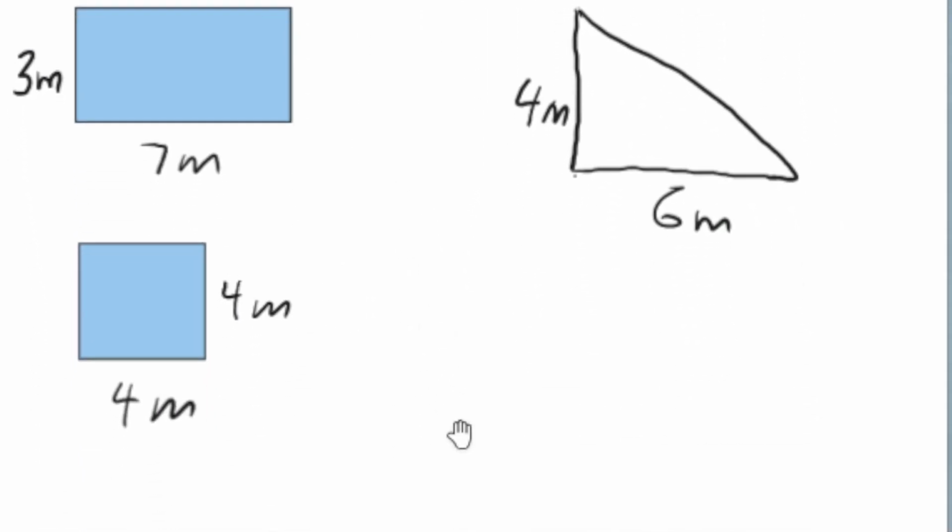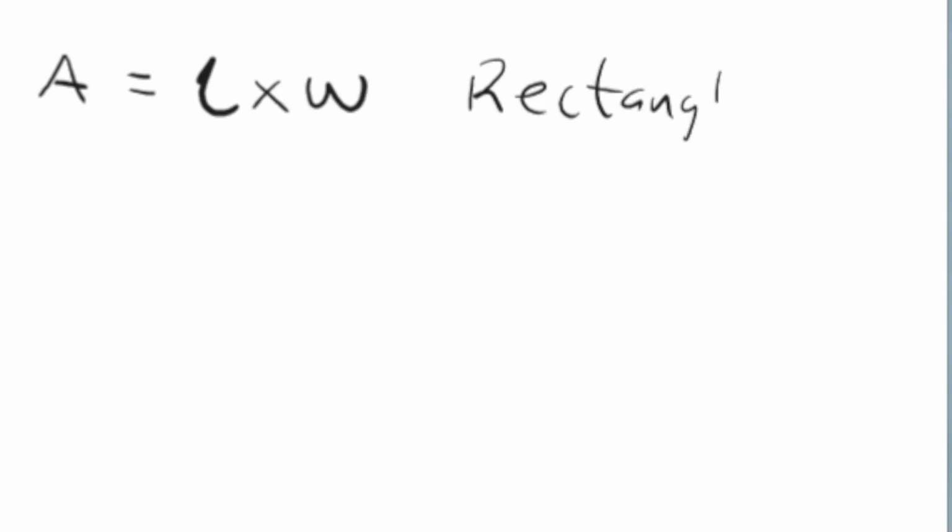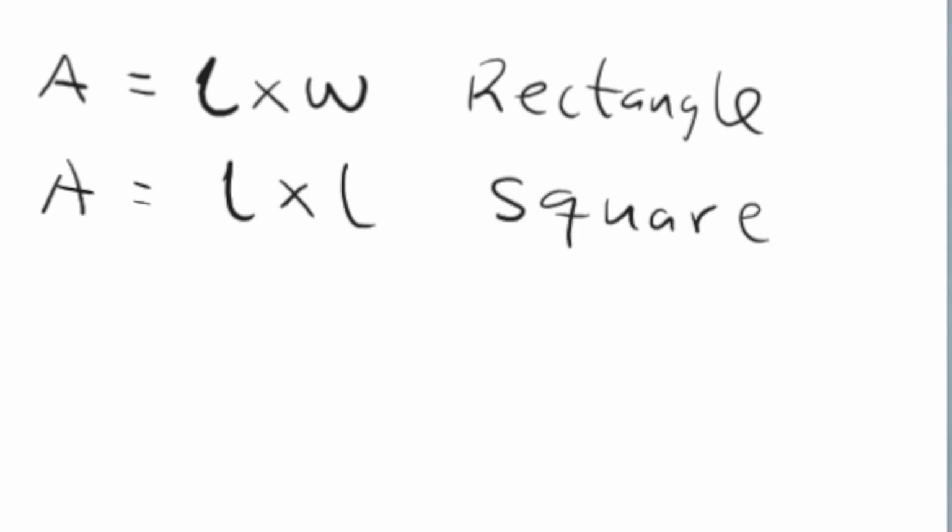Okay, so I want you to do this one. Let me give you a gist. Area of a rectangle: area is equal to length times width. Area is equal to length times length, and that is for a square.